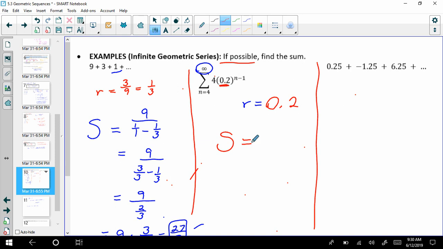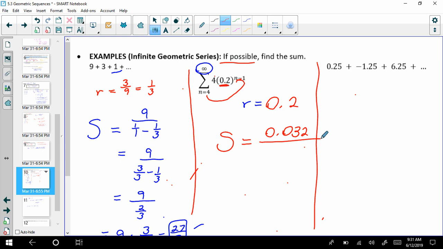So what's a sub 1? And you might say, oh, a sub 1 is 4. No, we have to plug that in for n to figure out a sub 1. So if you plug 4 in for n and simplify this, 4 times 0.2 raised to the 4 minus 1, that comes out to 0.032.